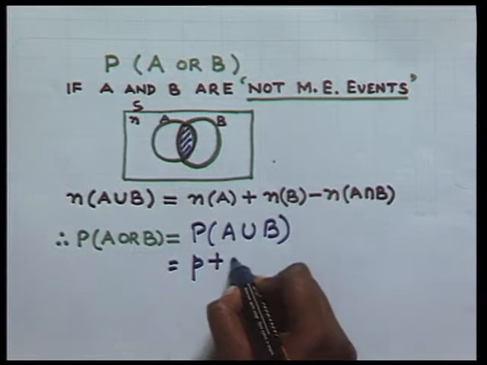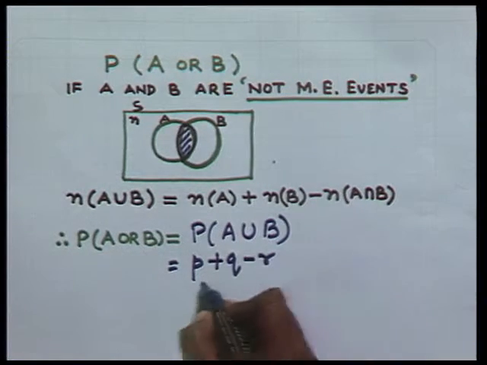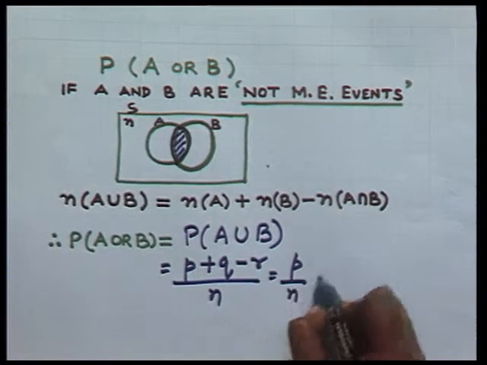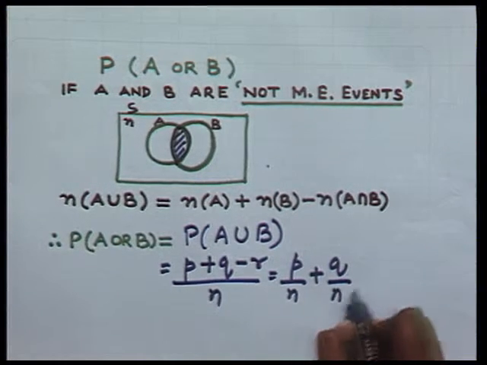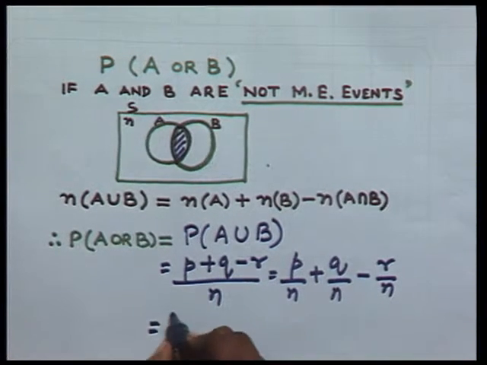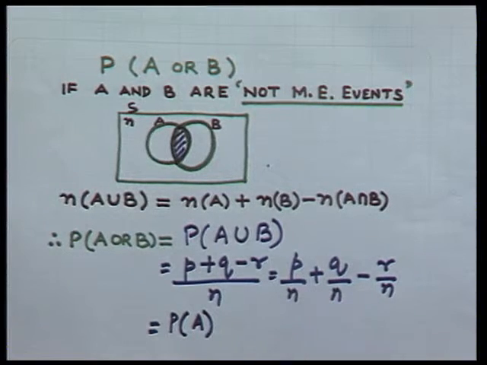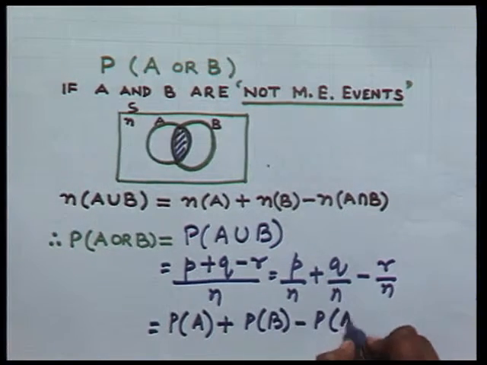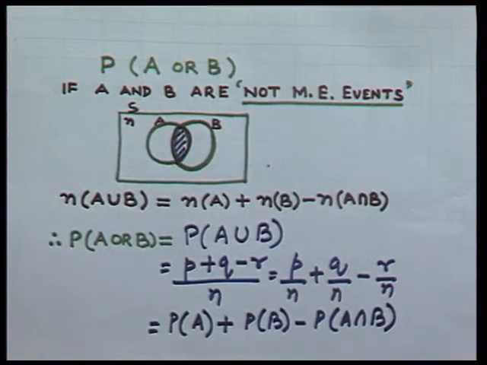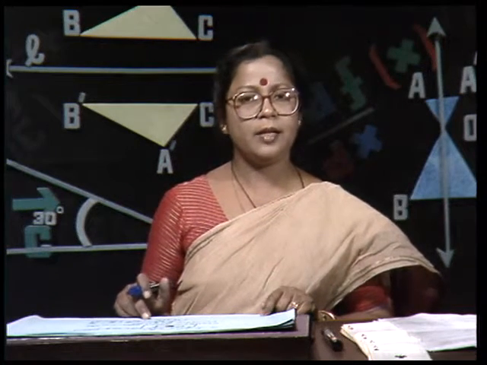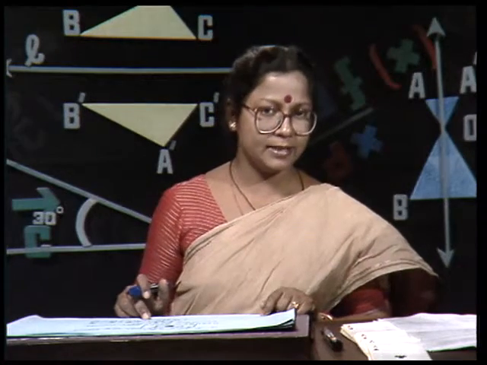So, (P plus Q minus R) upon N is equal to P upon N plus Q upon N minus R upon N. This is equal to probability of the event A plus probability of the event B minus probability of the event A intersection B. So, this is another result, addition theorem on probability for not mutually exclusive events.